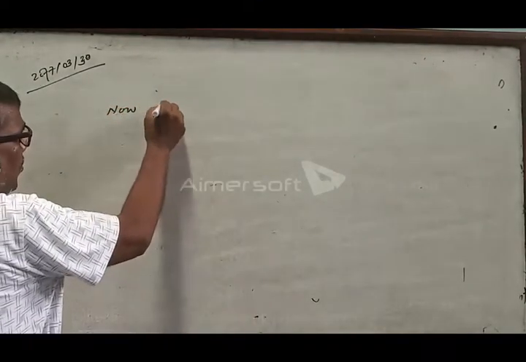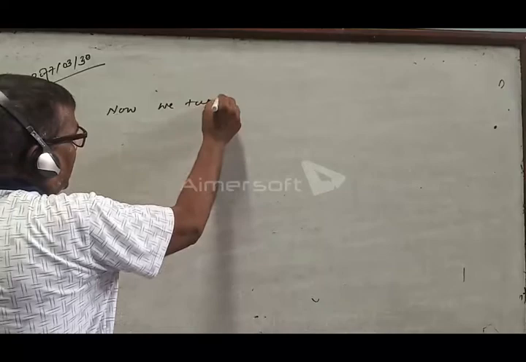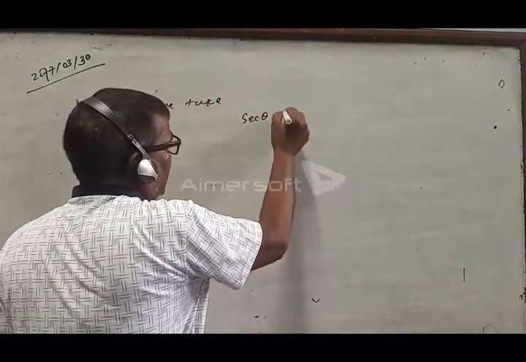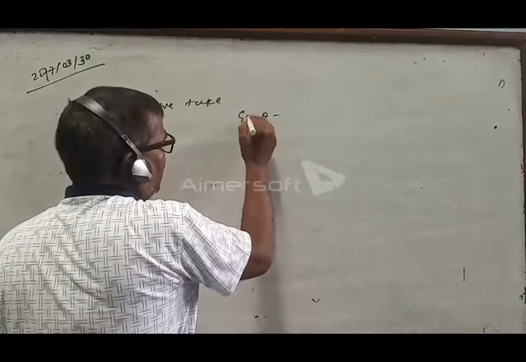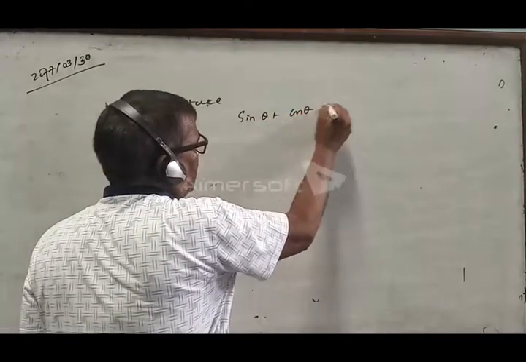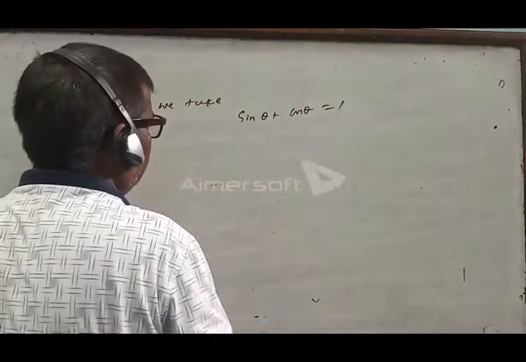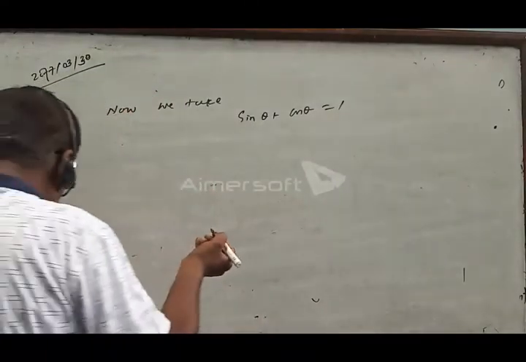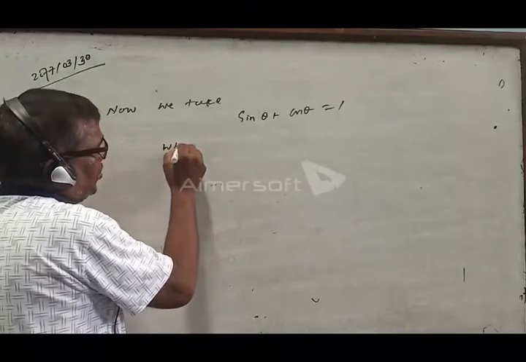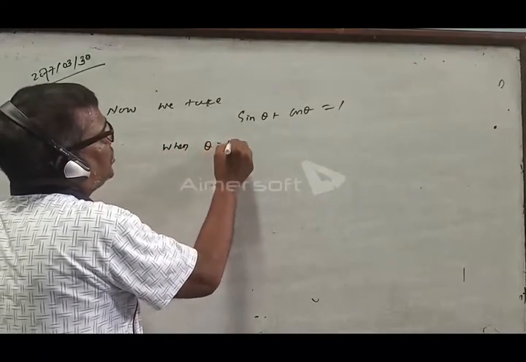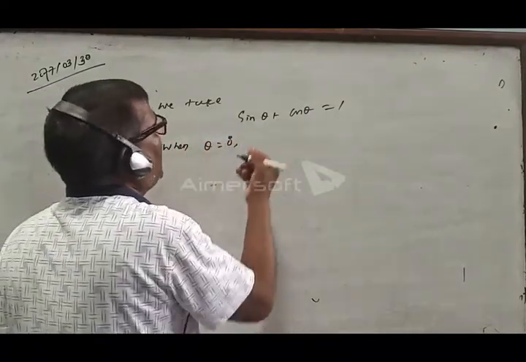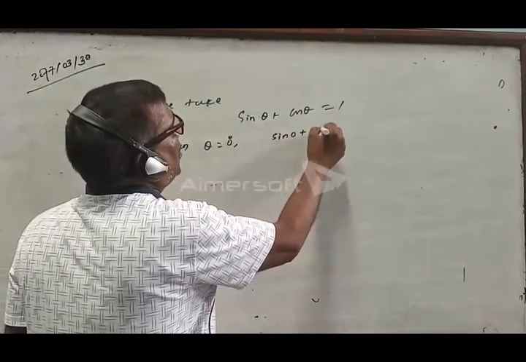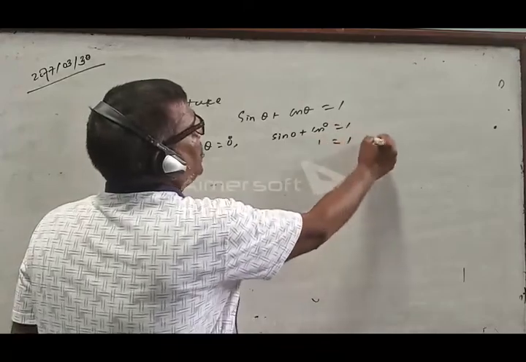Now we take sin theta plus cos theta is equal to 1. How to solve this equation? First of all, when theta is equal to 0 degree, not solving in general, only for a particular value, sin 0 plus cos 0 is equal to 1, which is true.